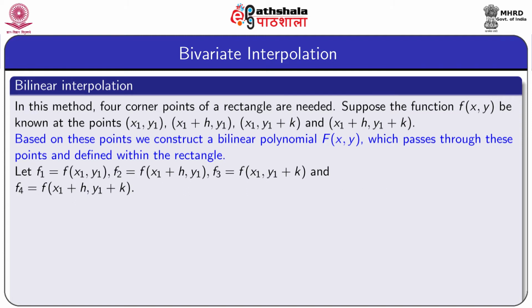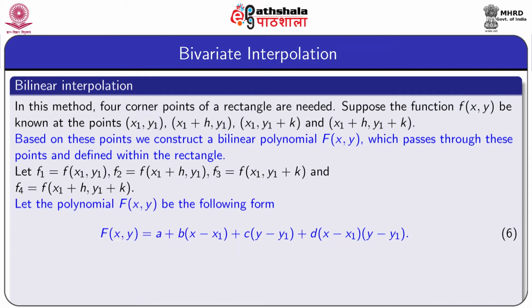For simplicity, we assume that f1 equal to f(x1, y1), f2 equal to f(x1 plus h, y1), f3 equal to f(x1, y1 plus k), and f4 equal to f(x1 plus h, y1 plus k).